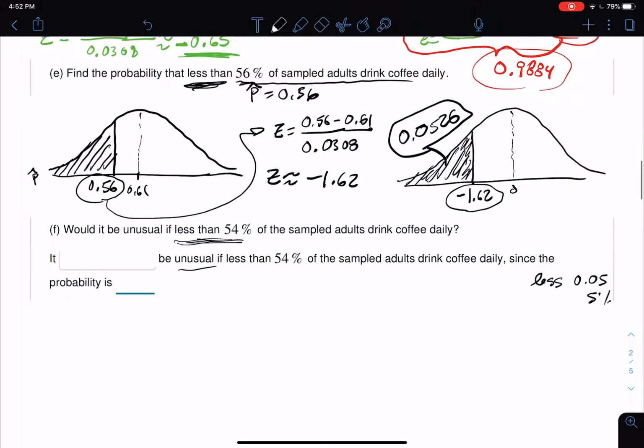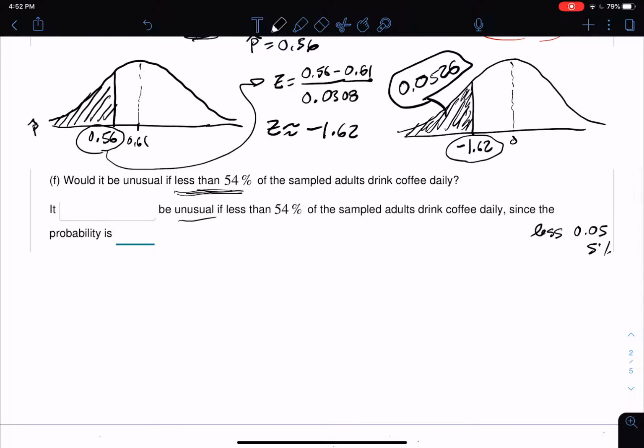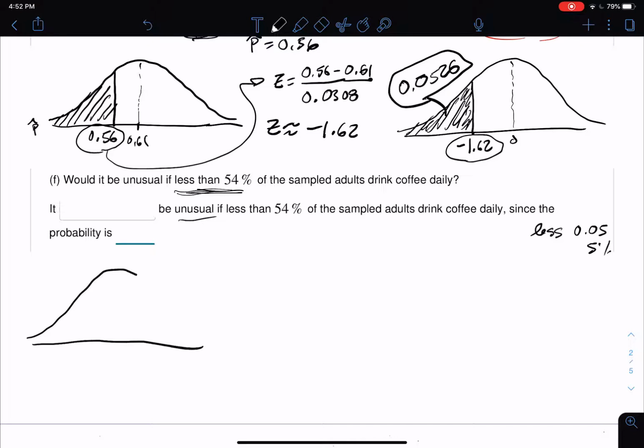But I can't just guess. I got to actually do it, right? So we're going to do the problem again. It's not the same problem, but it's the same procedure. And so this very last problem, well, let's do it again here. So what we have is our distribution of our sample proportions.